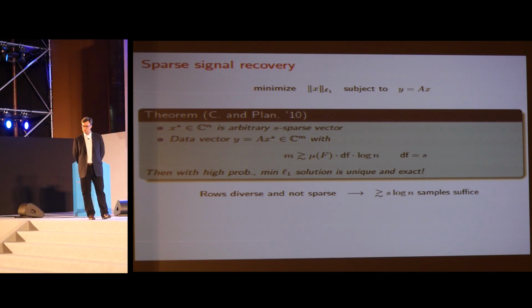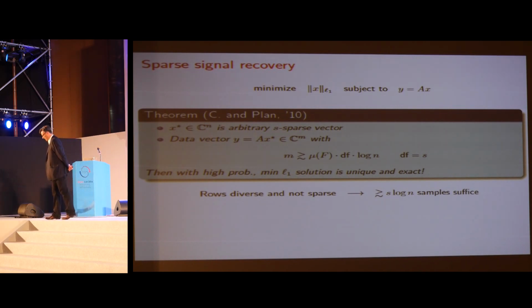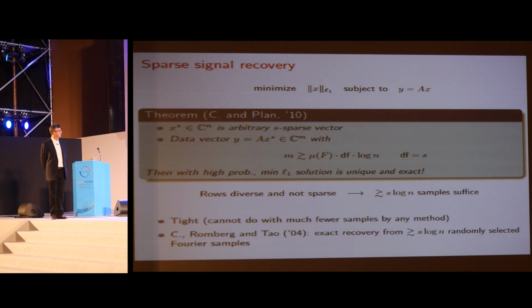So I can solve underdetermined systems from about S log n equations, provided that the rows are diverse and not sparse. This result is tight. It cannot be improved.